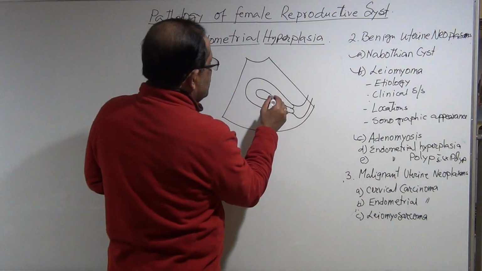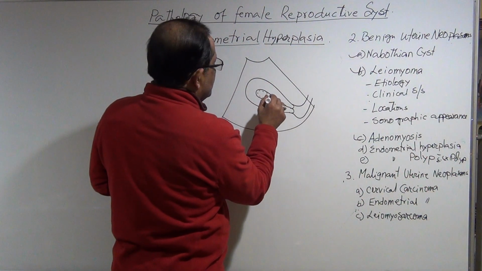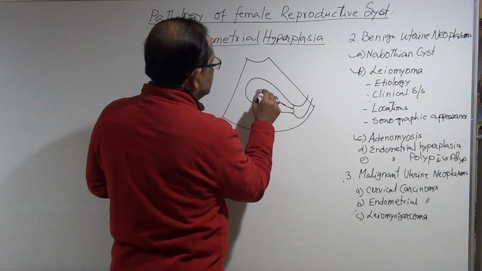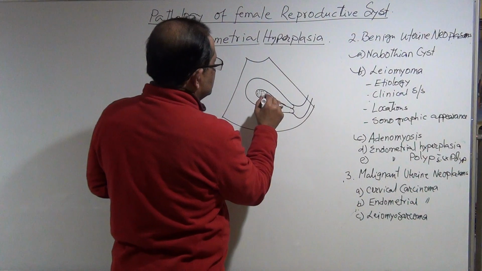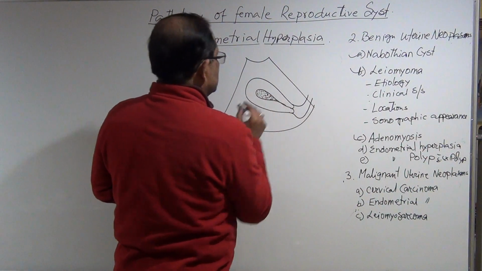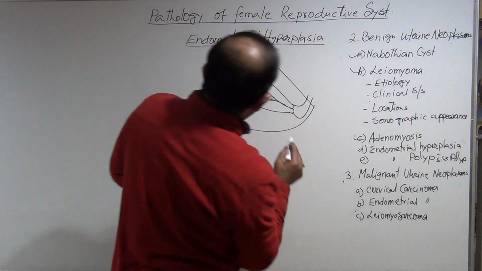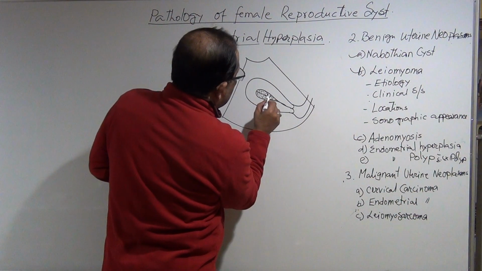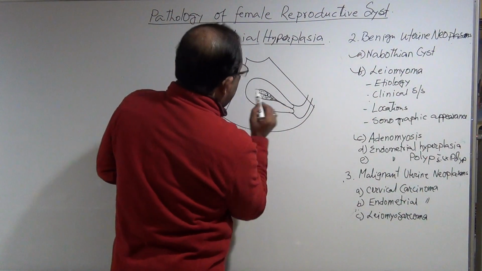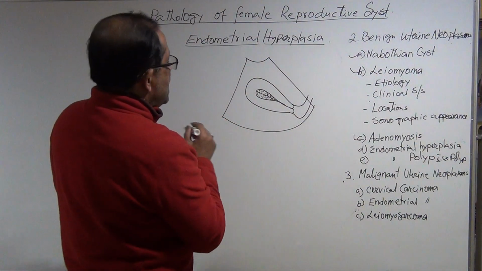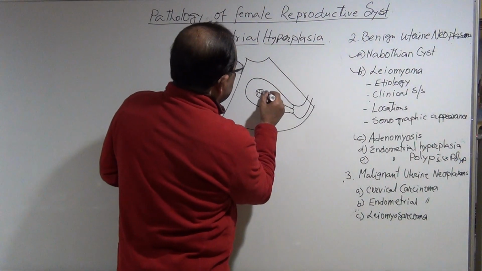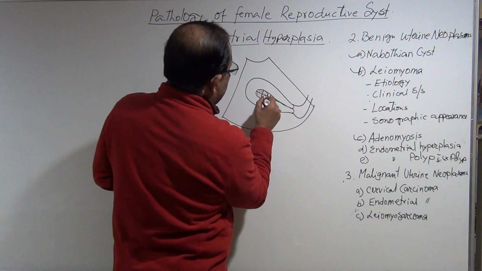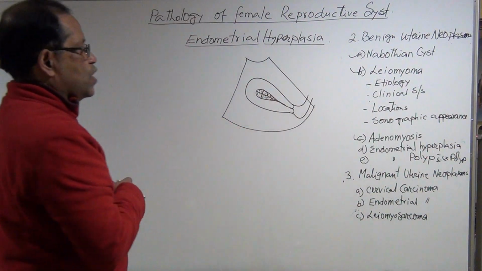Okay, so this is endometrium. You have to understand that if I draw a sagittal line through the endometrium, I have to measure the thickness at the widest part, making a 90-degree angle with the long axis.